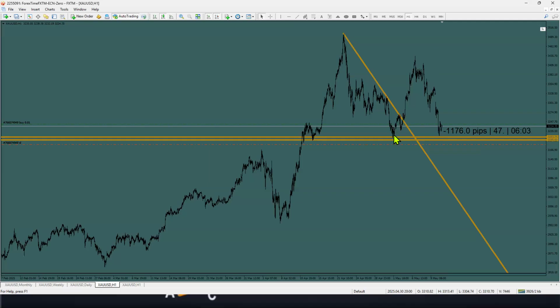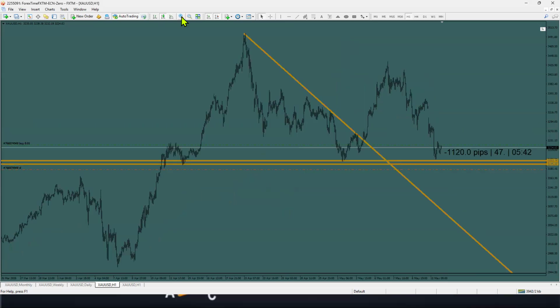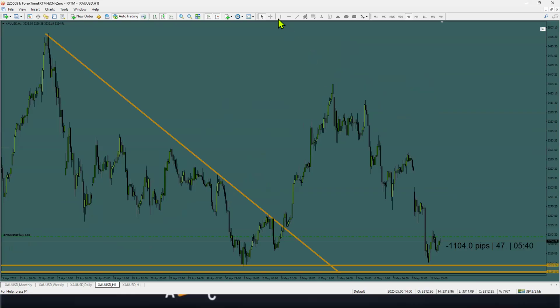You drew this line, and then you wait for the market. The market came and hit the trend line. It couldn't break through. It pulled back down, came back to test a previous resistance point, and then went back up and broke the trend line. When the market breaks this trend line, that's where you want to enter a buy.